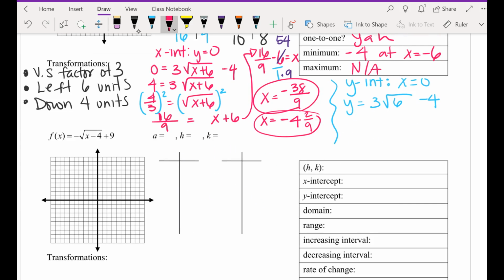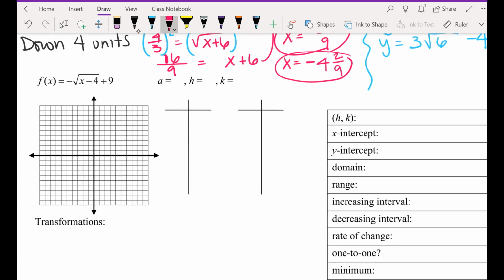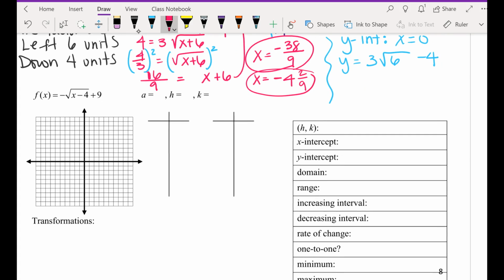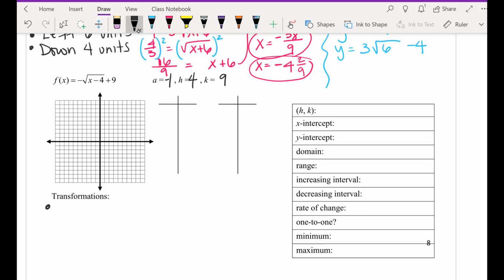Okay, last question. Here we go. The values for this question are what? A, H, and K. Give me all three, Matt. A, H, and K. What are the three values? -1, 4, 9. Perfect. We are going to start with the transformations. -1 for A, what kind of transformation is that, Dominic?